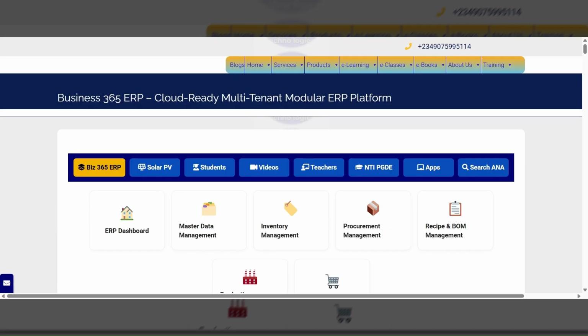Whether you are involved in manufacturing, production, bakery, food processing, pharmacy, agriculture, wholesale, retail, or general trading, ANAARM Business 365 ERP helps automate the routine tasks, calculations, and business processes required to run your organization efficiently.